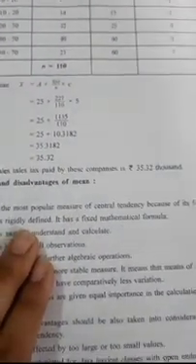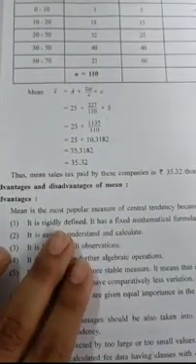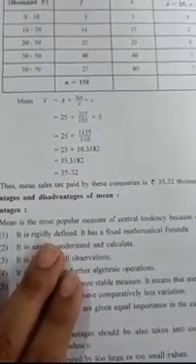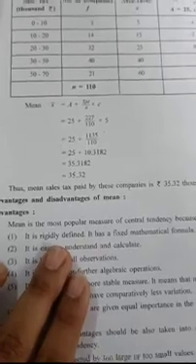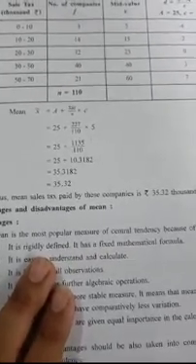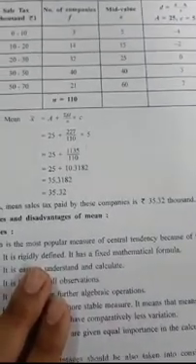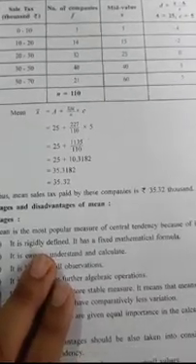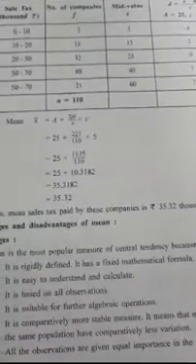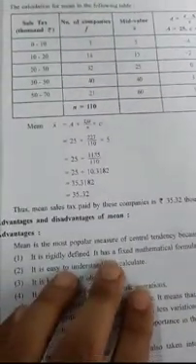It has a fixed mathematical formula. We have to find the mean by one of the formulas: sigma x upon n for ungrouped data, and for grouped data the formula is a plus sigma fd upon n into c. We will be studying the formulas also. As the formulas are fixed, it is said to be very good.